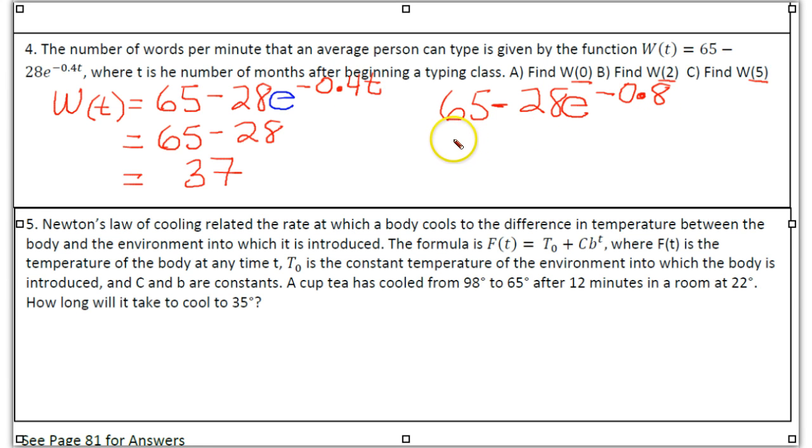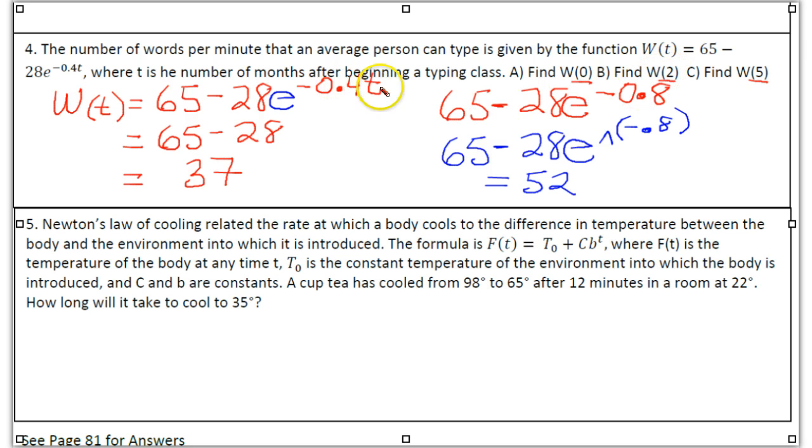So I will put 65 in my calculator, minus 28, then I will type in e, and I will go caret, and then I will put this in parentheses, a negative 0.8, hit enter, and again you should be trying this, and you should get 52 words per minute after 2 months.